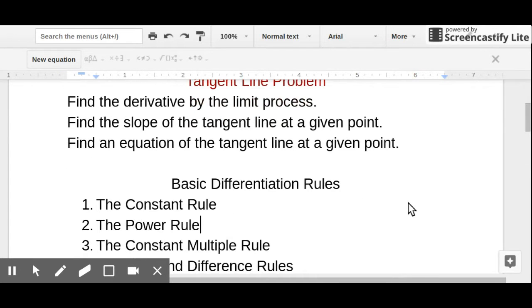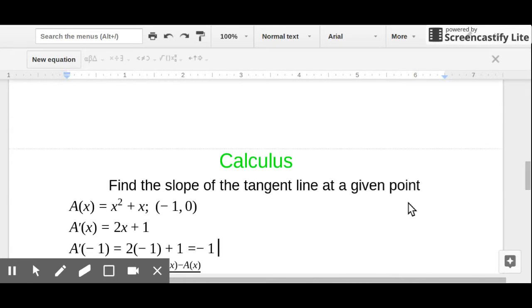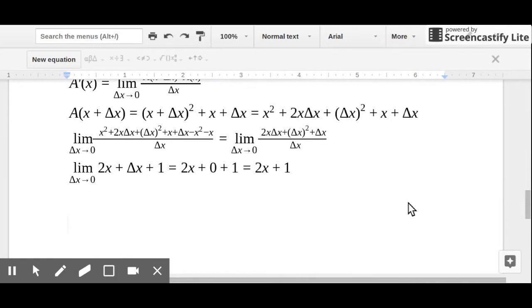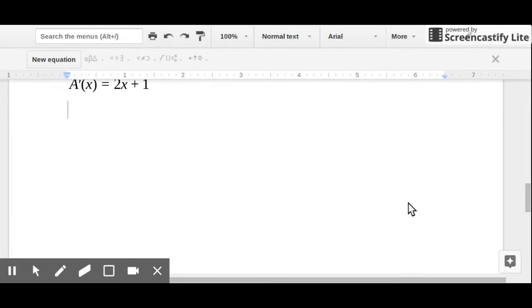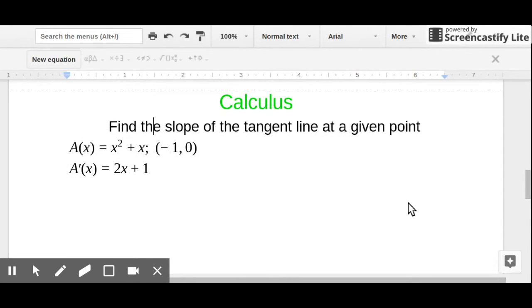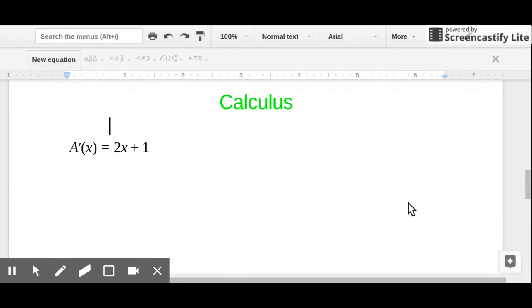All right, let's get started here, and it looks like I need to do some erasing. Erase the whiteboard from last time. I should have probably already looked at this. All right, let's just get rid of all that.